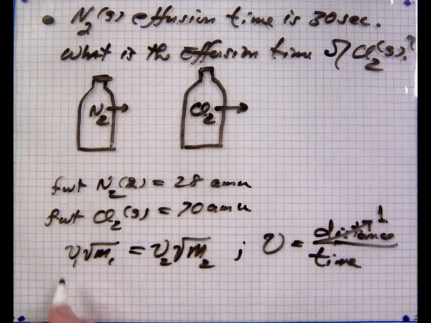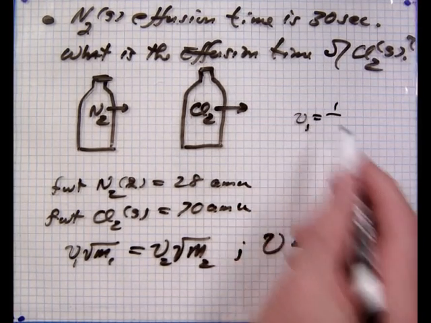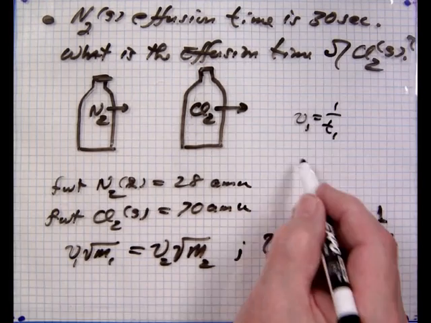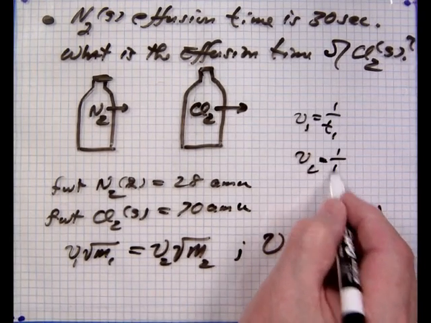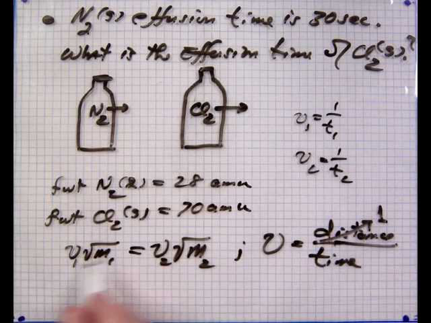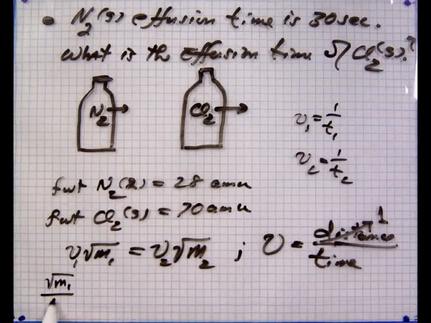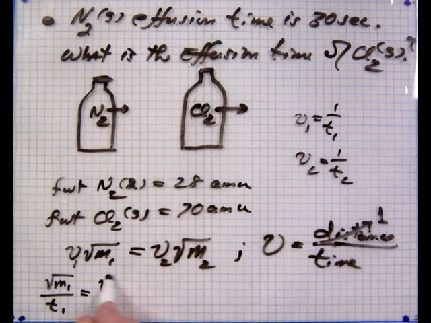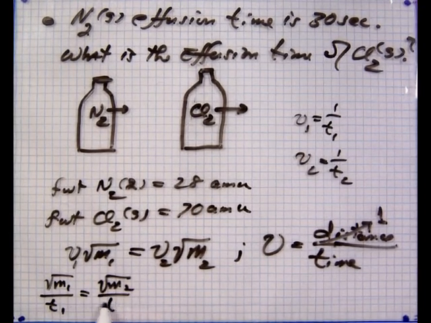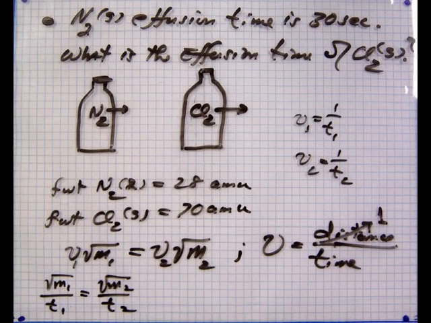So if V1 is 1 over time 1, and V2 is 1 over time 2, we can substitute them into this expression, and we'd have the square root of M1 over time 1 equals the square root of M2 over time 2. So it's an inverse relationship in this equivalence.